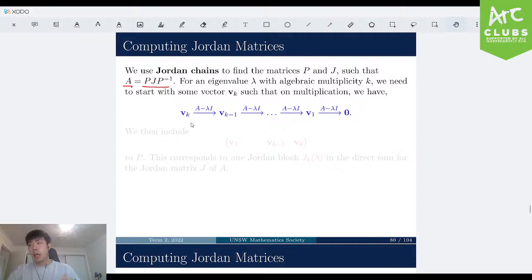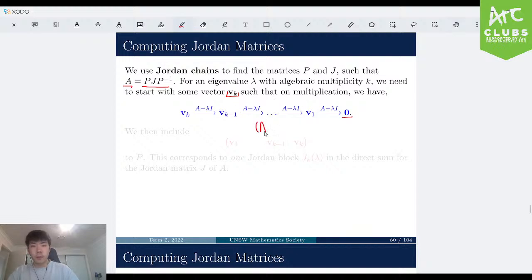Our goal is to be able to cook up some vector vk such that as we apply A minus lambda I k times, it will eventually reduce it back down to the zero vector. This is exactly the definition of our generalized eigenvector, right?